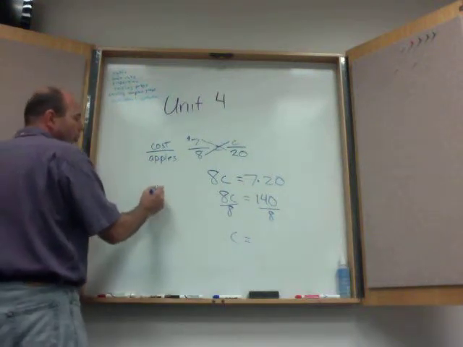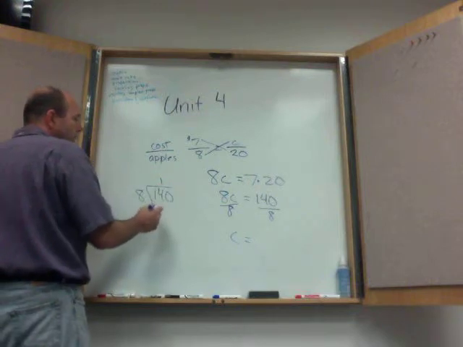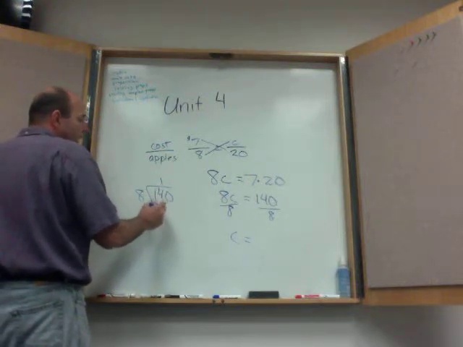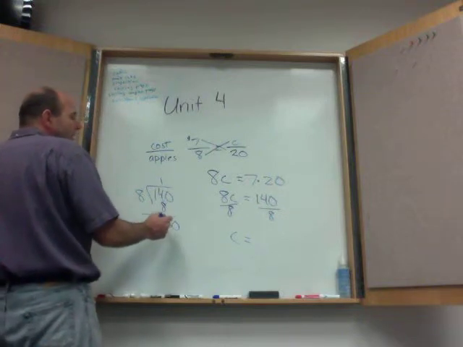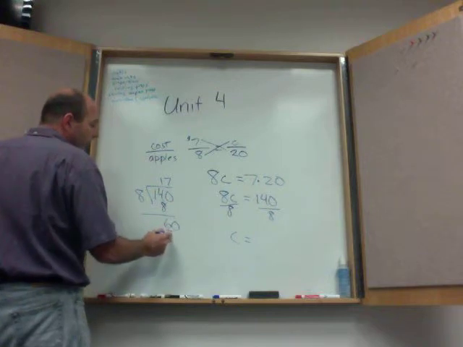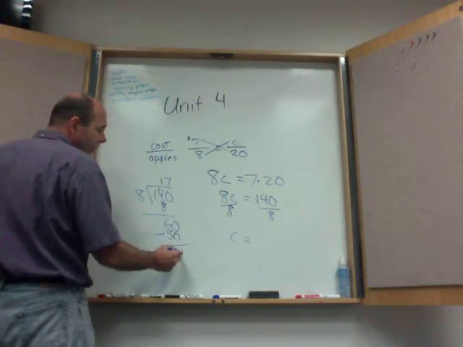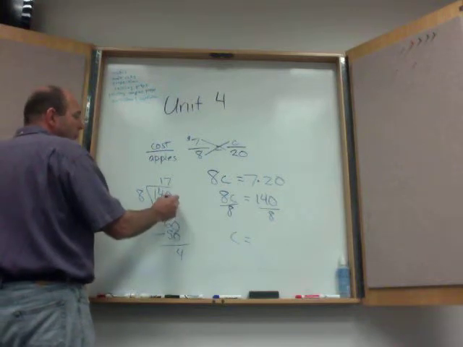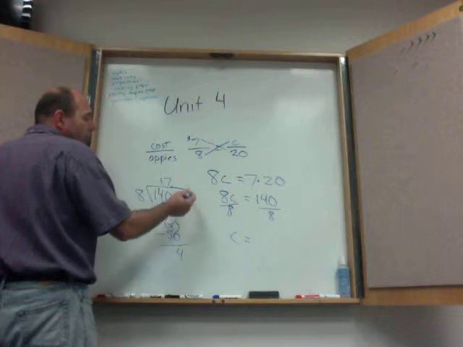Okay, so let's do the work over here. 140 divided by 8. 1 time, and that's an 8. 14 minus 8 is 6. Bring down the 0. 7 times, right? 7 times 8 is 56. Subtract that off, I have a 4. I better add a 0 to that. In fact, since I'm dealing with money, why don't I just add 2 zeros?